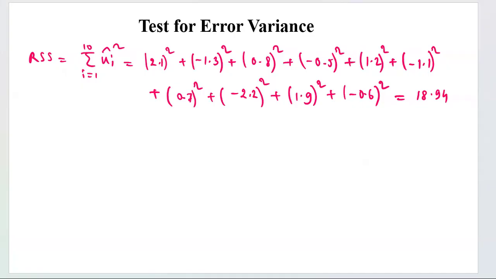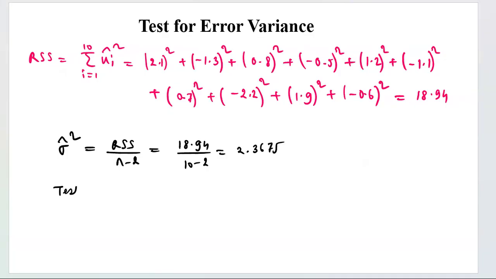Now, what will be the estimated sample variance? Sigma cap square is RSS by n minus 2. 18.94, n is 10, 10 minus 2, which is 8. So this will come out to be 2.3675. So what will be the test statistic value?